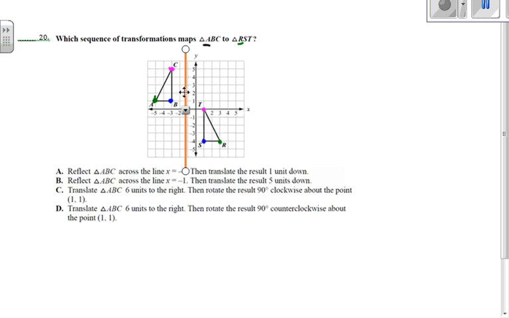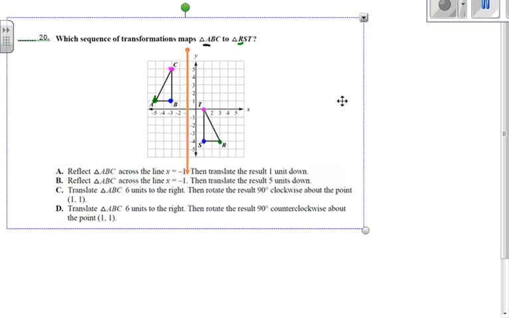Reflecting it over, you just count distances, that's all you would do. So the pink dot is 2 to the left of the orange line, so you would go 2 to the right of the orange line. The blue dot is 2 to the left, so you would go 2 to the right. And the green dot is 4 to the left, so you would go 4 to the right.